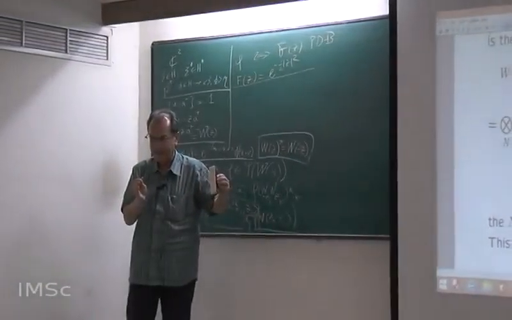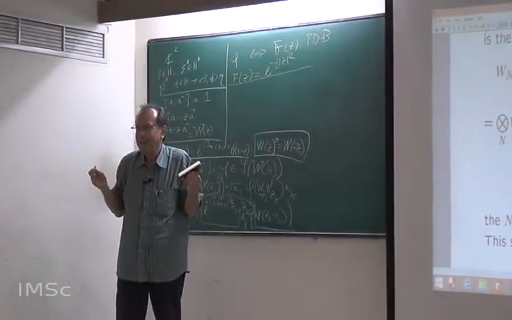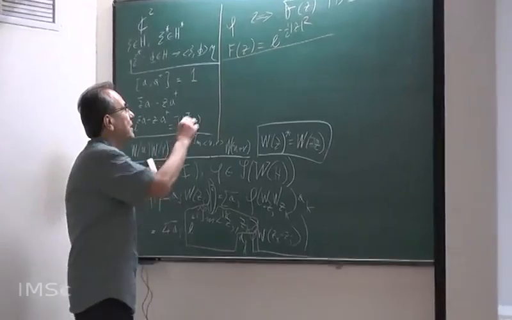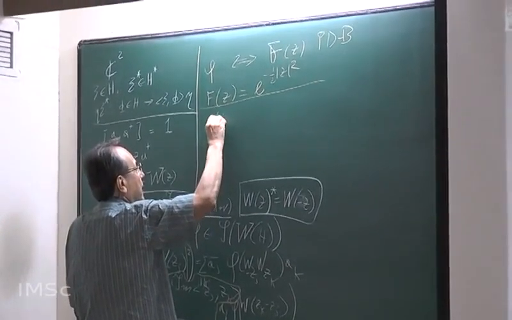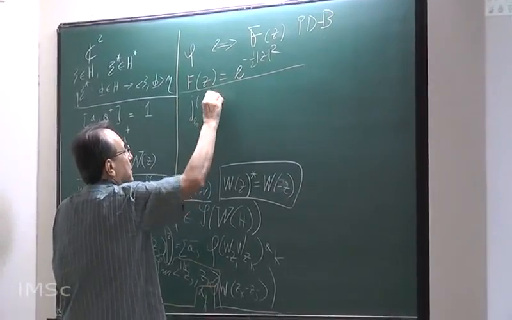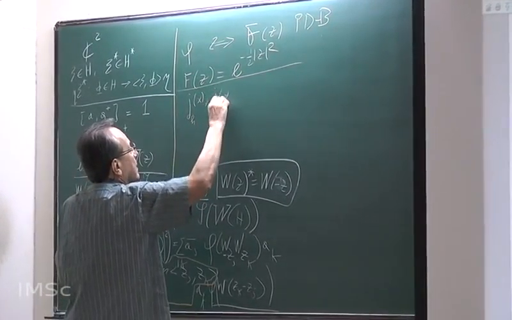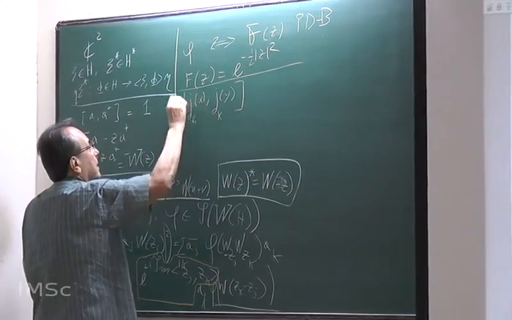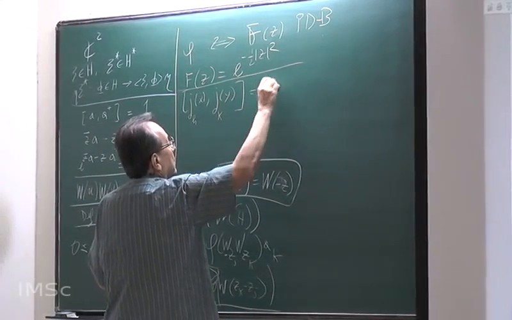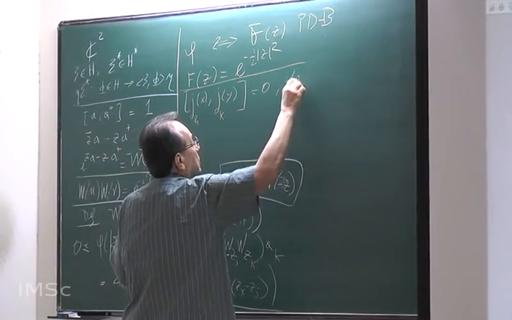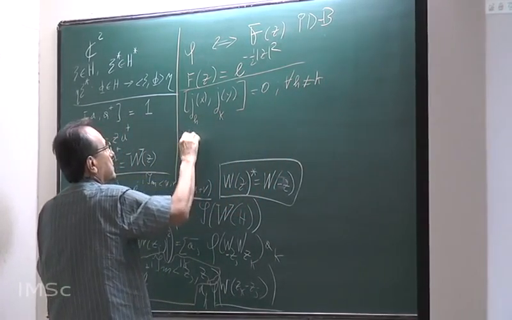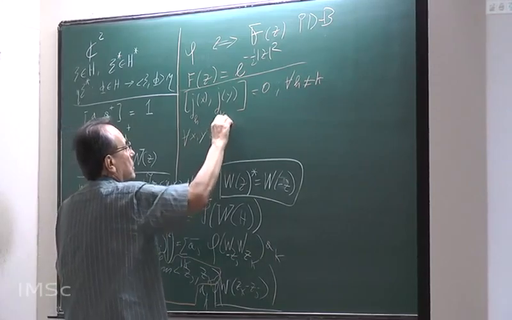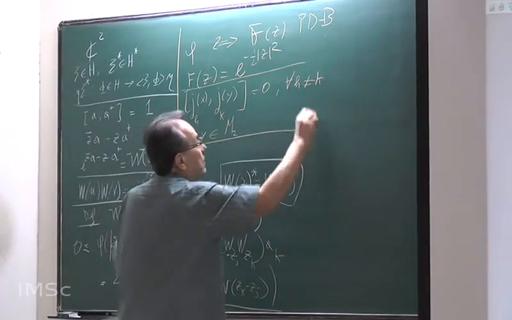But commutativity means that J_h(x) J_k(y) is identically 0 for all h different from k, and for all x, y belonging to the 2 by 2 matrices.